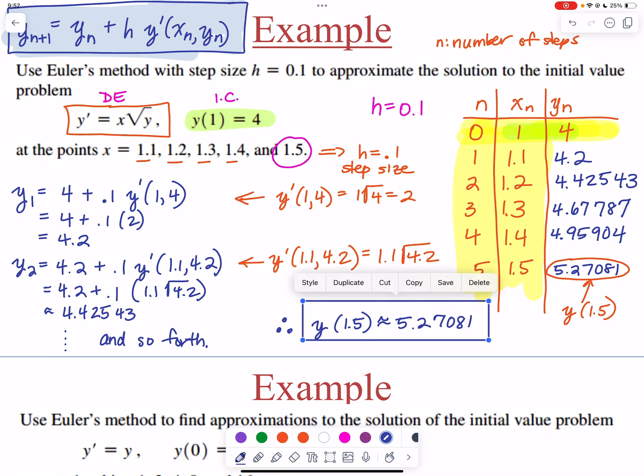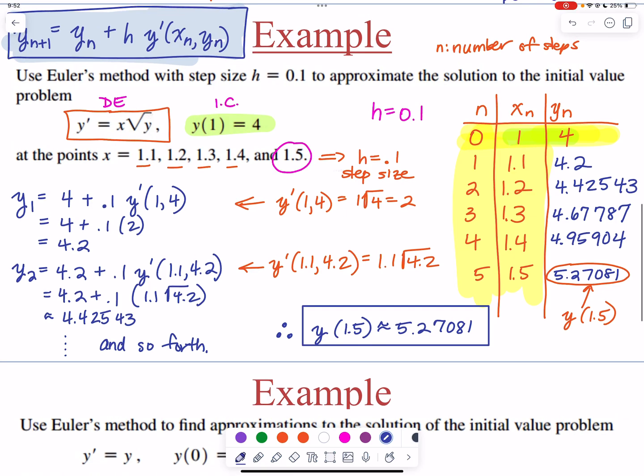Let's go back and look at the question. Approximate the solution to the IVP at 1.5. And of course, we evaluated all of the others as well. But that's when x is 1.5. That is what y is equal to. Now, what's interesting is that we don't even know what y is. So we were able to do this.